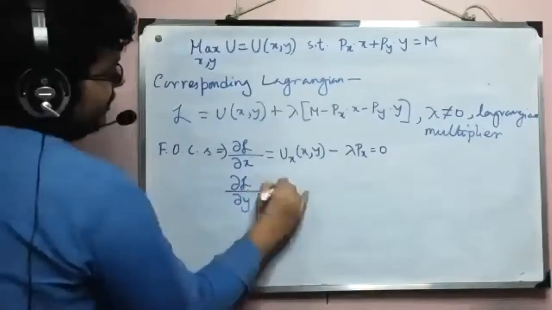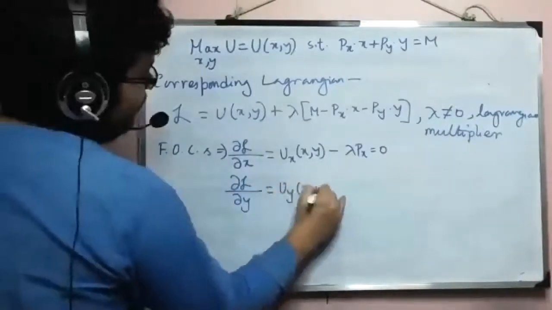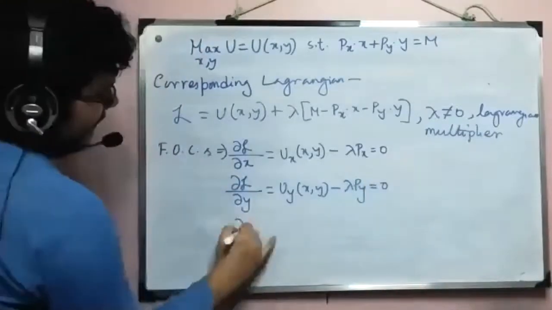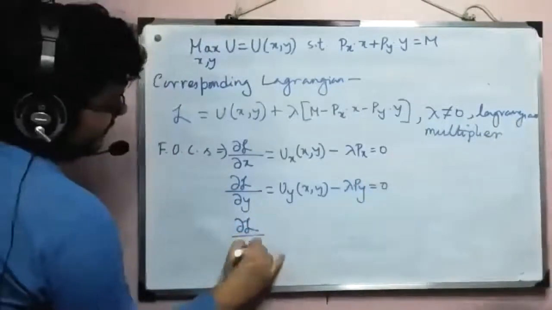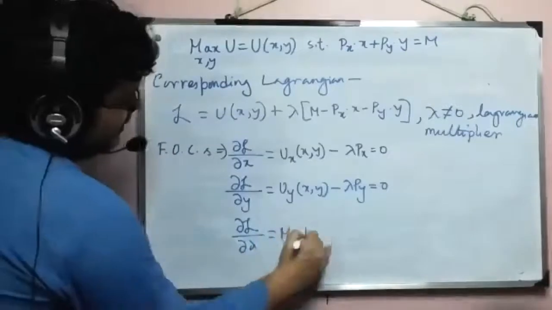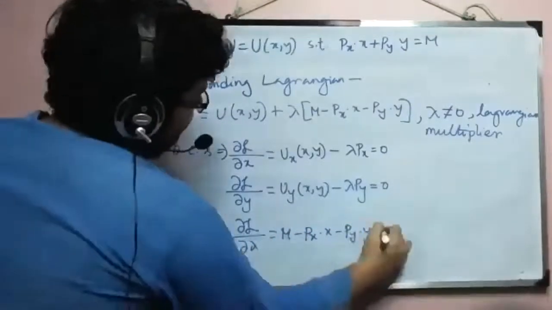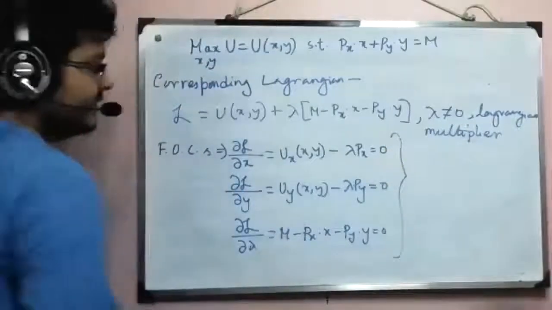Similarly, the second one is differentiated with respect to y. And then the third one returns us the constraint that we started with. So these are the three.